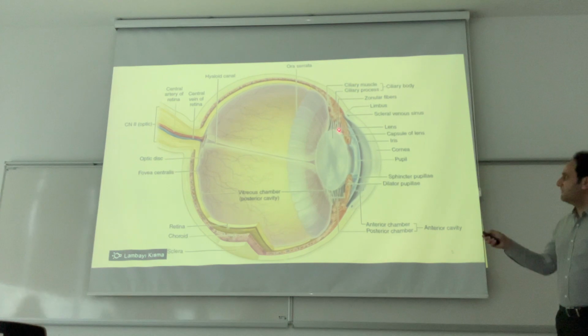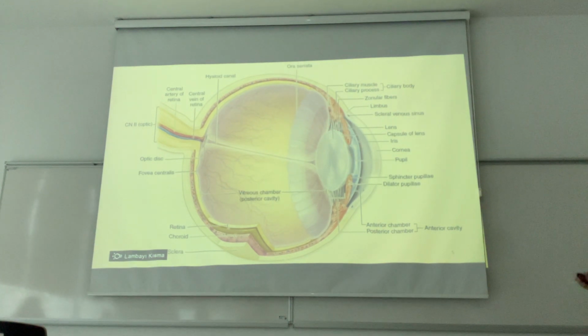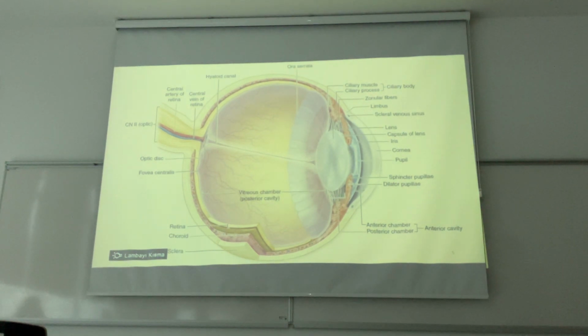In the middle side, we have the lens, sorry. This lens is connected firmly with the ciliary process in this part, with these zonular fibers. And as you know, these fibers and ciliary muscles have a role in accommodation.